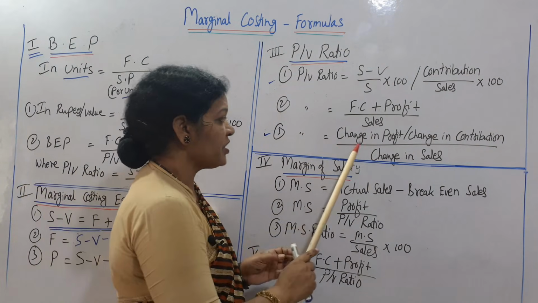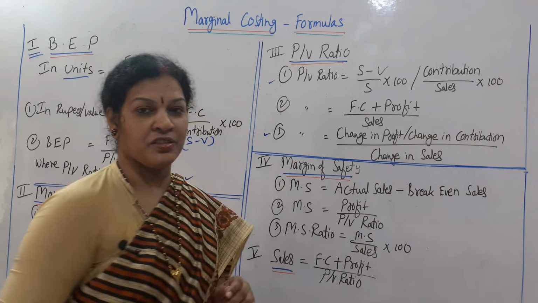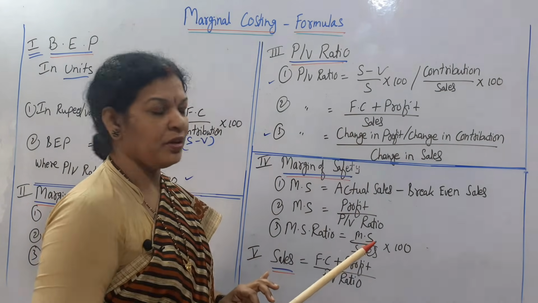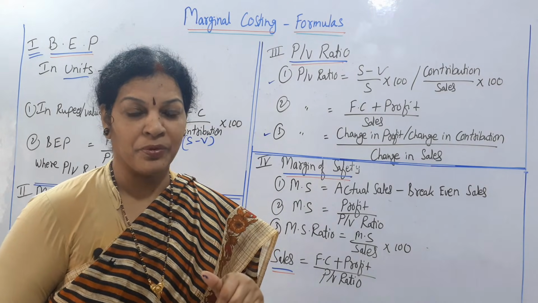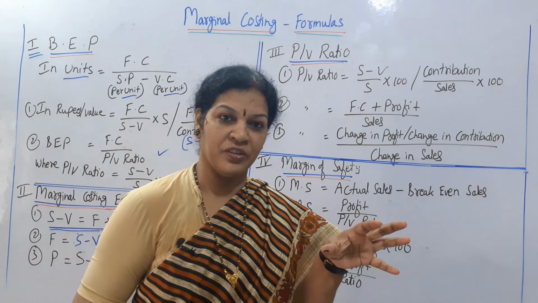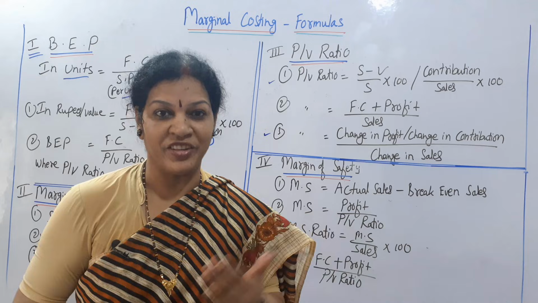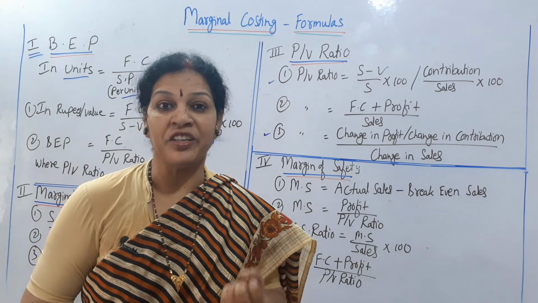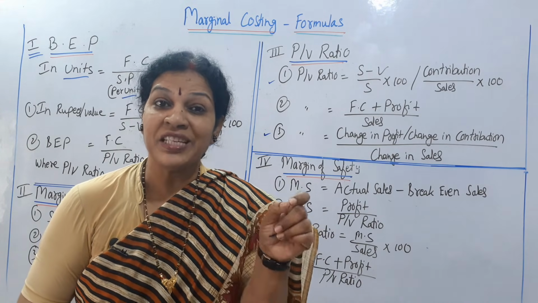The third one is that PV ratio is equal to change in profit or change in contribution by change in sales. They'll give you in the problem, say, two years' profits. Then change in profit means the difference of the profits that you take. Or otherwise sometimes they'll give you contributions of two years.